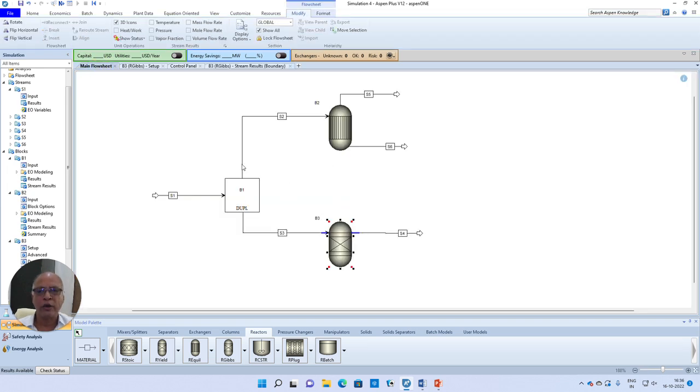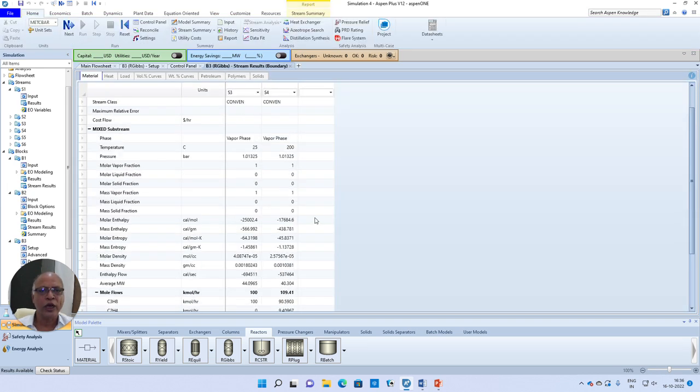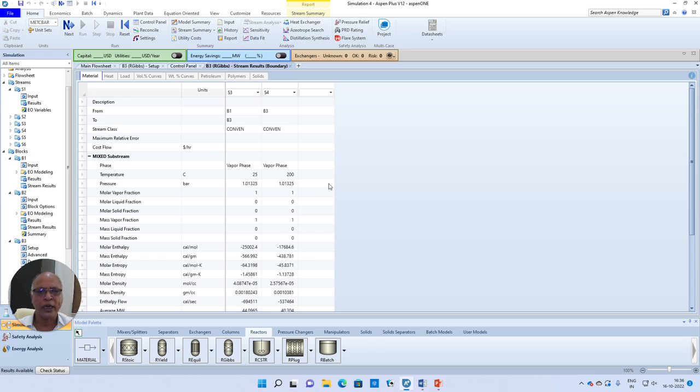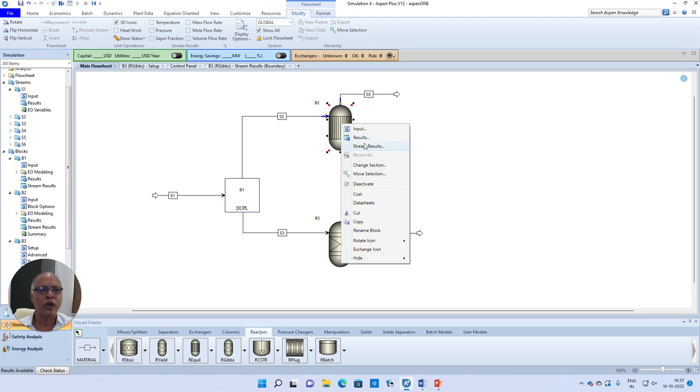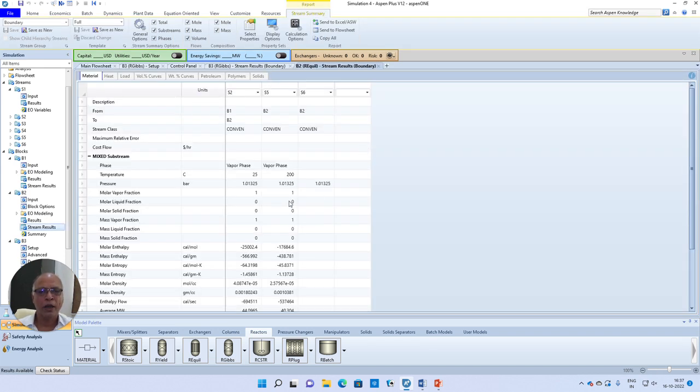Similarly, let me also see, and one more thing is, you can see that the output is in the vapor fraction. Vapor fraction is 1. In fact, both input and output at the given temperature and pressure are going to be saturated or completely gas phase or vapor phase. Now let us look at the results of the equilibrium model. Once again, you can see S6, which happened to be the liquid product, is missing.